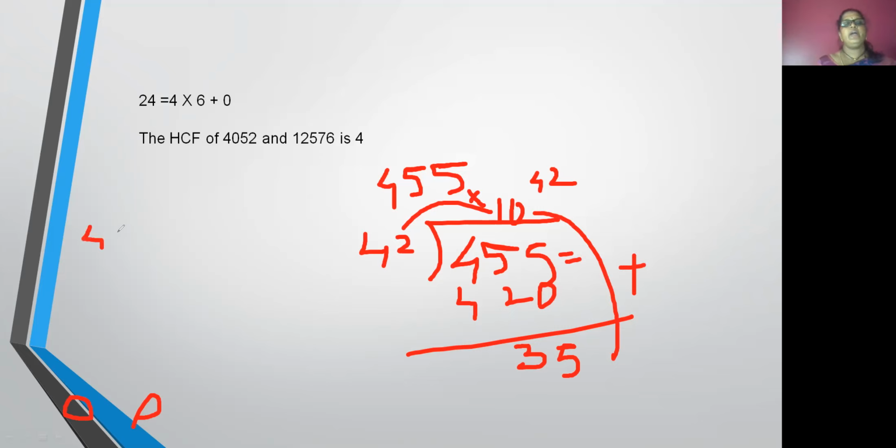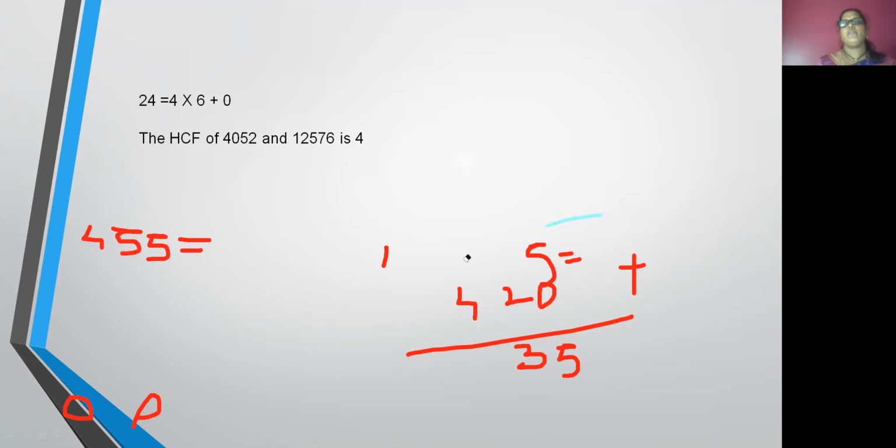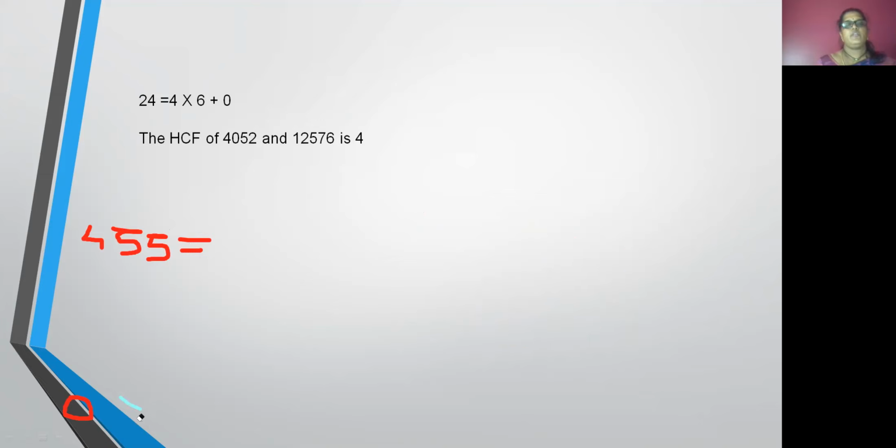So step 1, 455 is equal to 42 into 10 plus 35. Yes, you got this one. All of you got it? Now what numbers do we have to take? Yes, exactly. Super. Someone said 42 and 35.